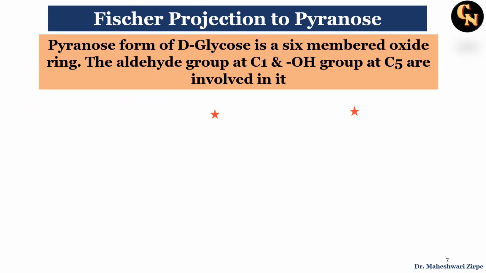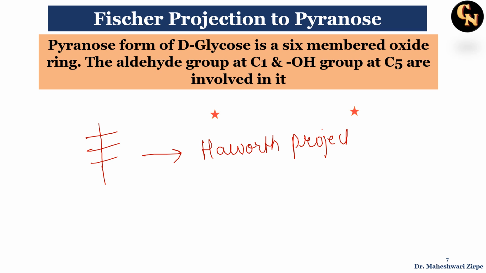Students, in this part we will be seeing Fischer projection to pyranose. Up till now we have seen all Fischer projections this way, with vertical and horizontal lines. Now we have to convert them into Haworth projection, that is the Haworth structure.